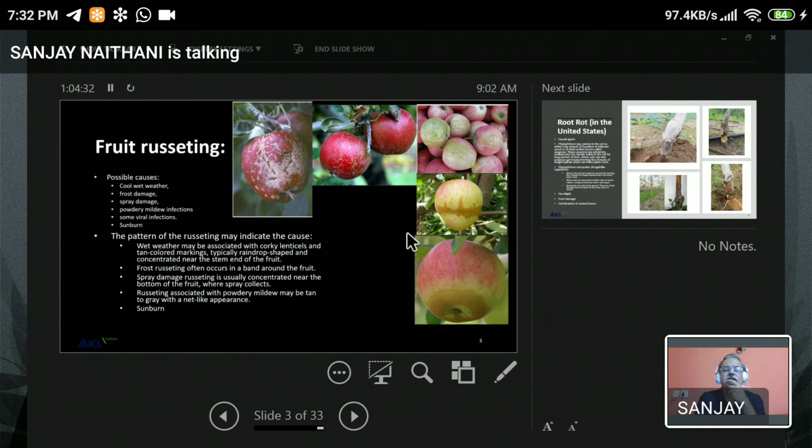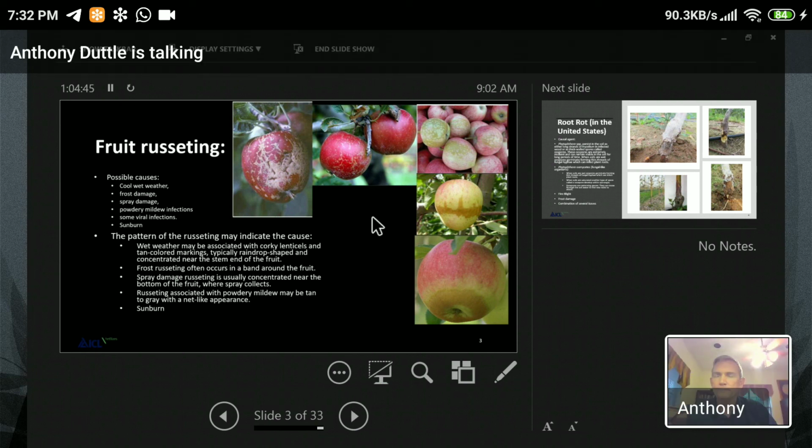So Anthony, there's a question: will application of calcium reduce the impact of russeting? So calcium's very important for cell wall development, and it's important to have that. So I think with regard to frost, I don't think it's a bad thing, because the stronger cell tissue that you have during that time, the better off you're going to be with it.